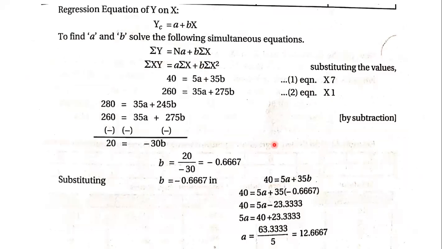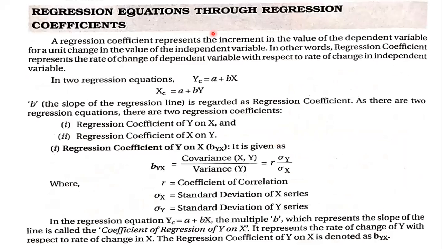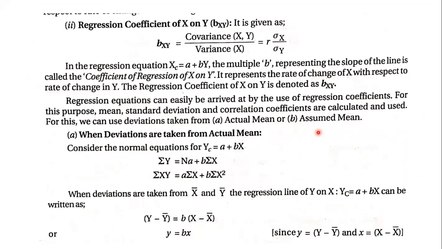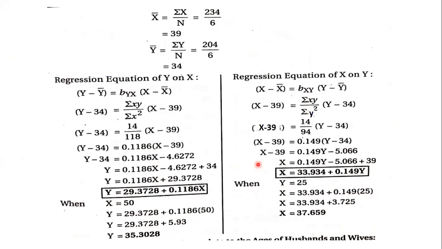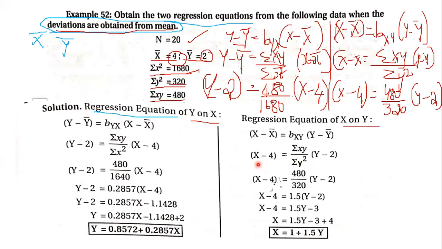That is why they came up with the regression equation through coefficients. In the examination, if at all they have given you the question for 6 marks, and see the timing. If you have enough time, solve it under simultaneous equation. If you don't have enough time, then go for this regression coefficient, where it is easy for you to get the equation and solve the answer. No matter how you solve, they will give you marks. Don't worry about that. I hope I have answered that question.